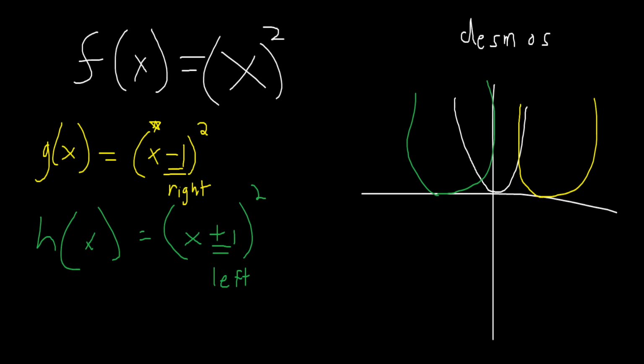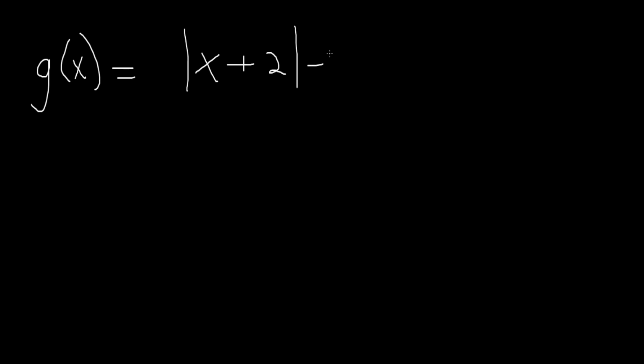So let's do a quick example of shifting, but without me telling you what the parent function is. Let's see if you can guess it. If not, that's okay. We're just going over examples right now, and there are plenty in the independent practice. So let's say we've got g of x is the absolute value of x plus 2, minus 1.